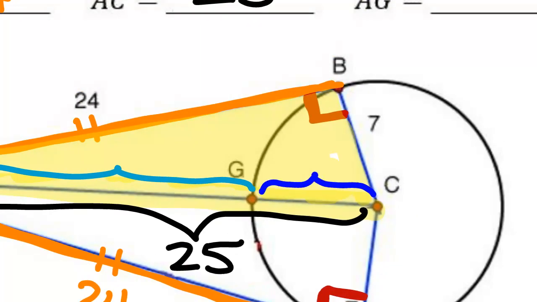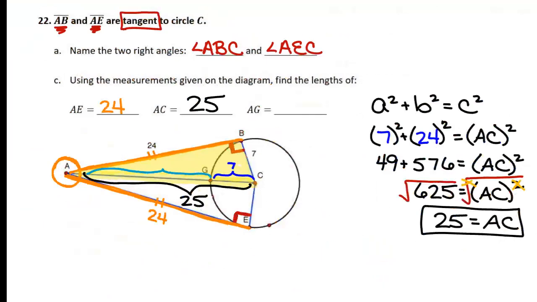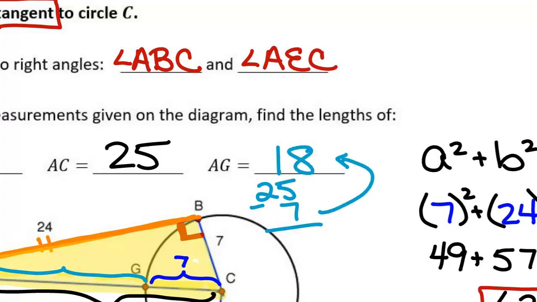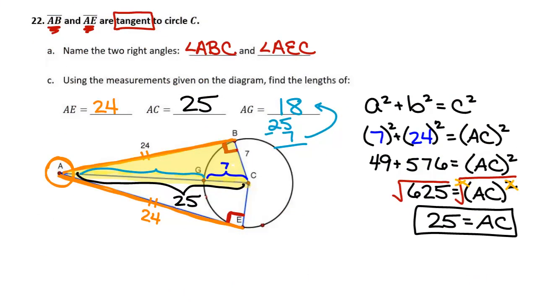So how big is it from G to C? 7. Does anybody see what we need to do to figure out AG? 25 minus 7. What is 25 minus 7? 18. So AG is 18.